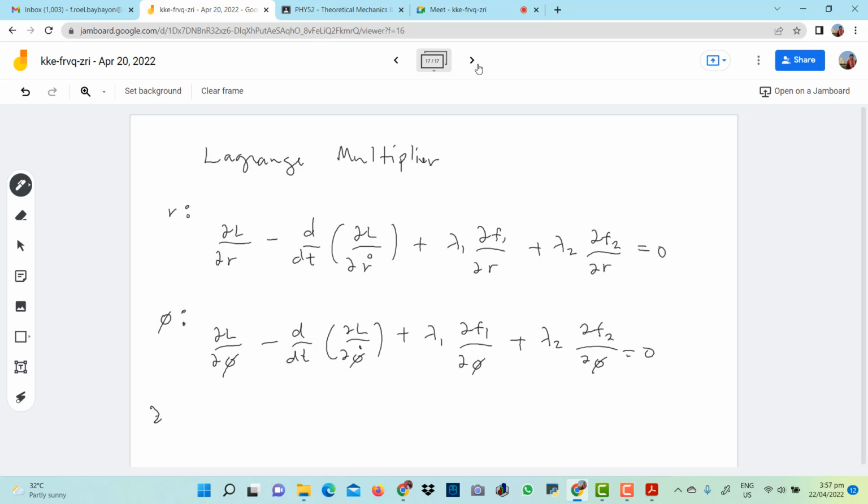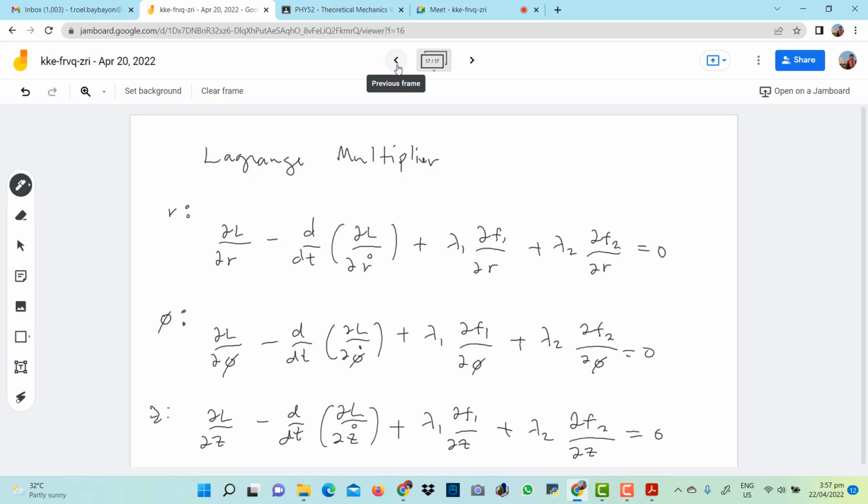And the last one, in terms of z: partial L with respect to z minus d/dt of partial L with respect to z dot plus lambda 1 partial f1 with respect to z plus lambda 2 partial f2 with respect to z equals 0. Again, I have three equations, and then do the math, do the derivatives.